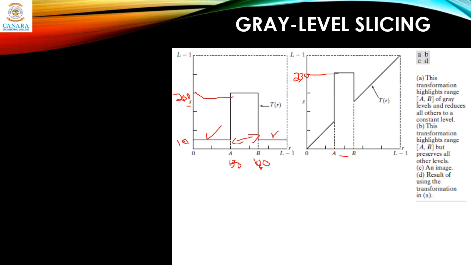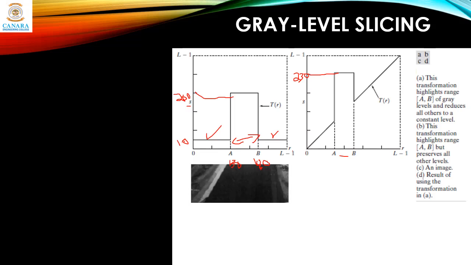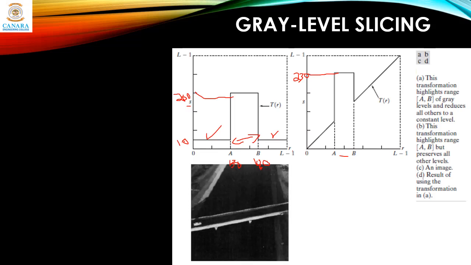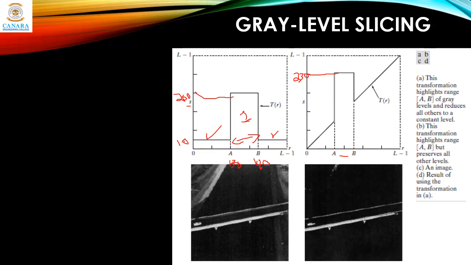So to illustrate the first method, let us consider this example, an example of a bridge crossing a canal here. Now, in order to highlight this bridge, we'll use the first transformation and see what is the effect of this. Now, see, if you apply this first transform, only this bridge portion is highlighted.